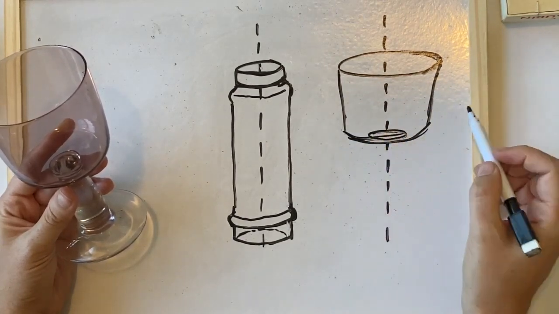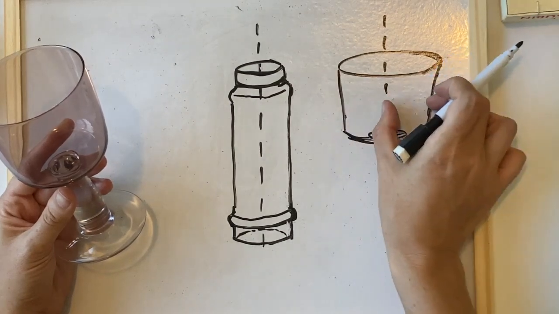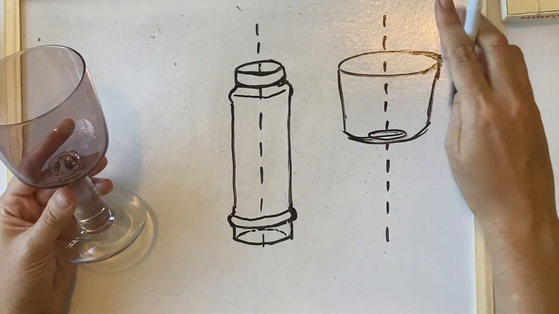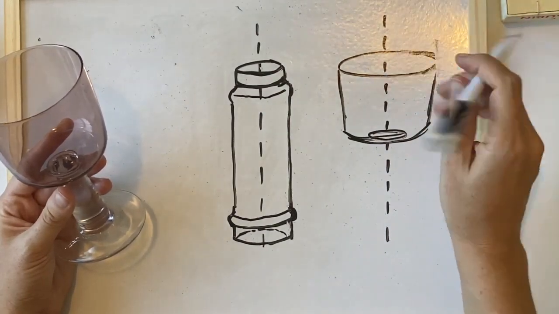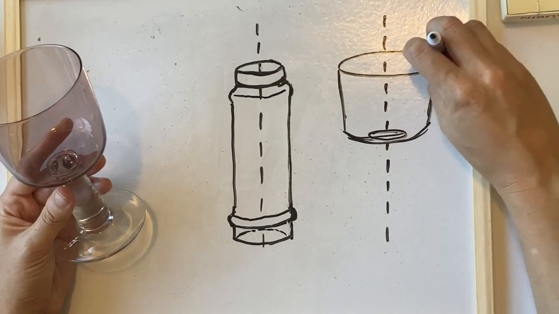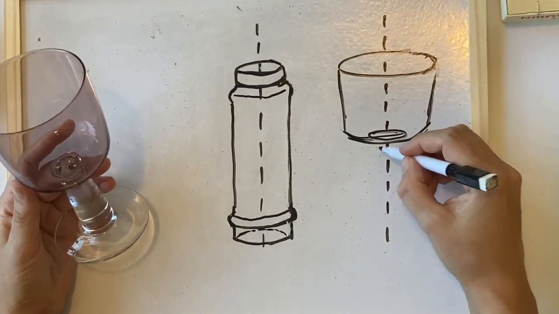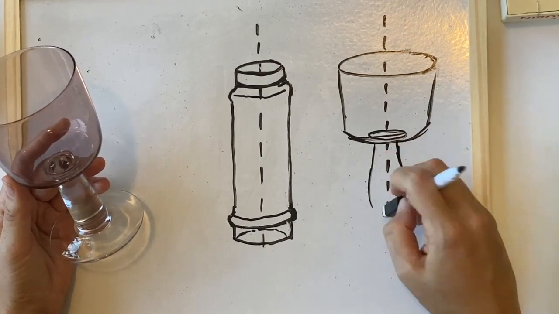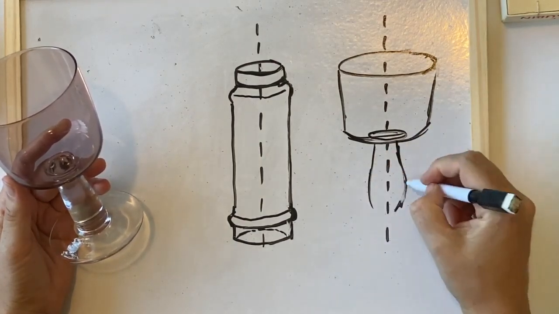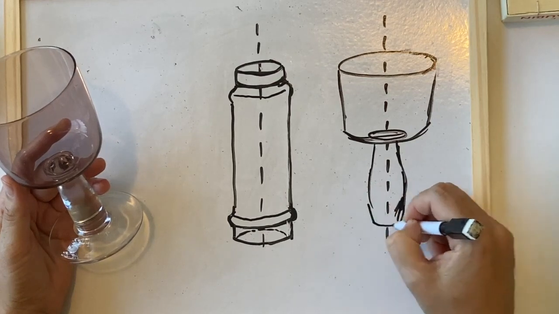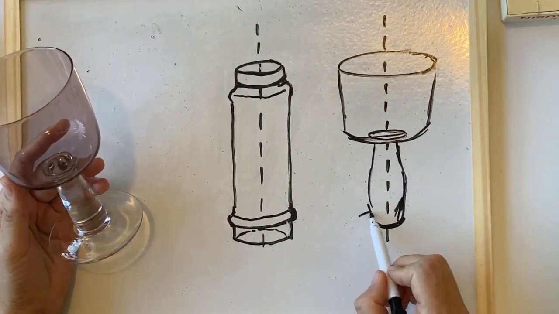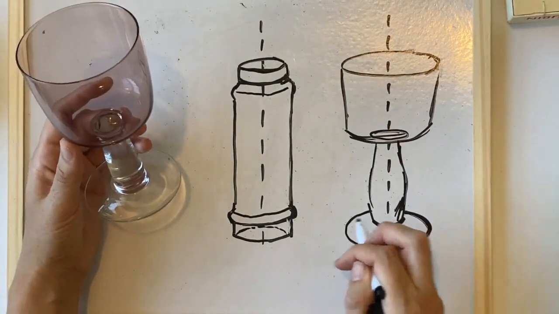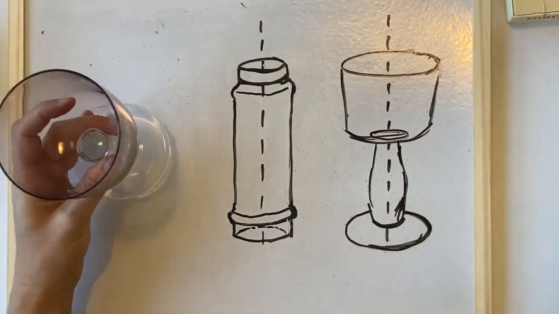So even a little ellipse in there. Even the bottom is a smushed circle, right? It's an ellipse.